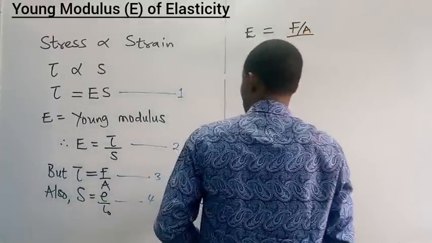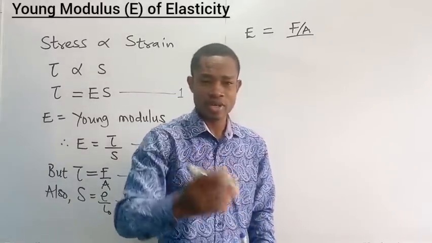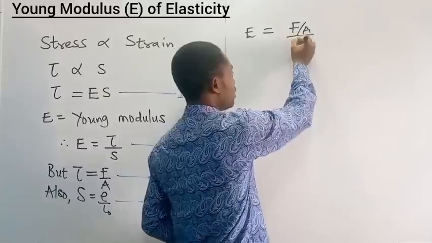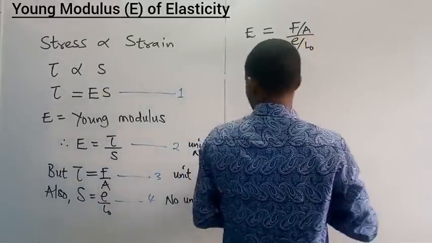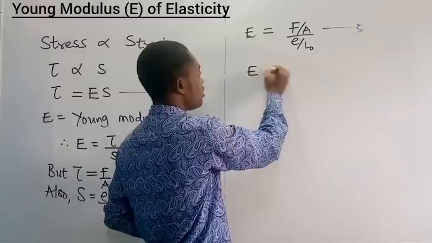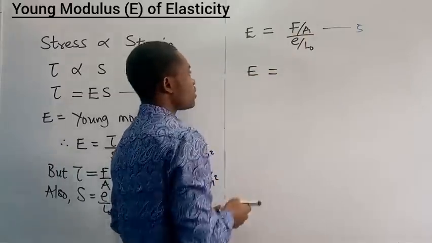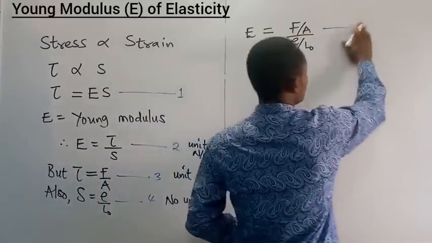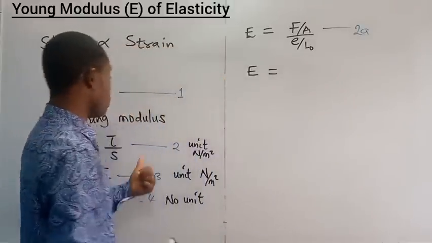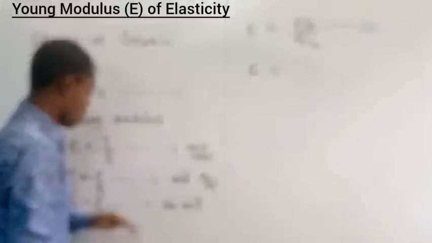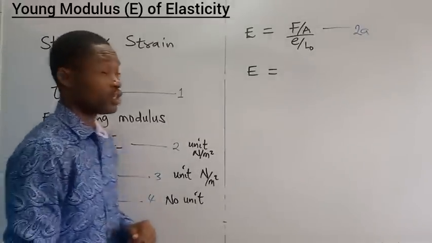We're going to divide that by the strain, and strain is extension over original length. Let's call it equation 2a so that we know we actually obtained it from equation 2 by fixing equation 3 and 4 in equation 2.